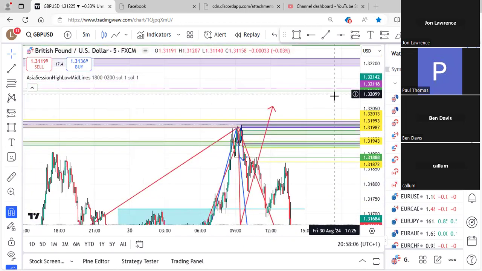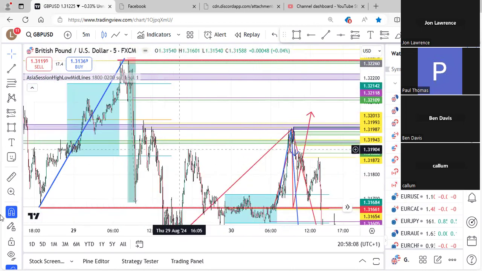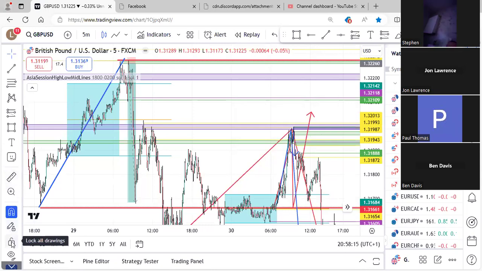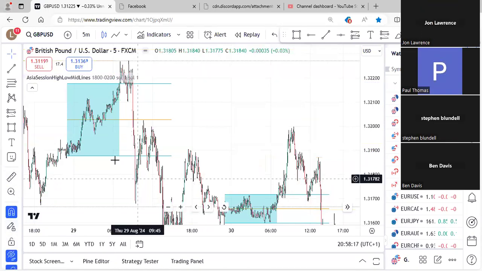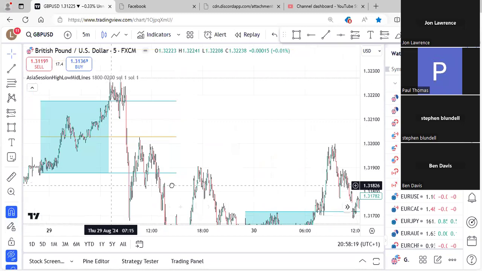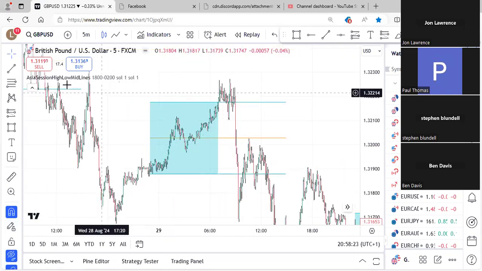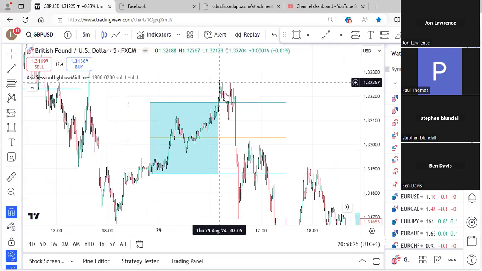So I'll just recap over it, guys. I'm just going to delete some of the pictures. As a quick recap, basically Asia session creation. Once it comes out, you want it to fill an imbalance, break 1 minute.